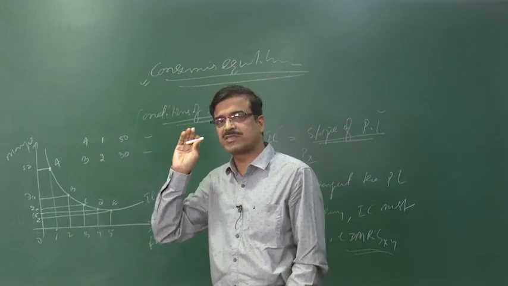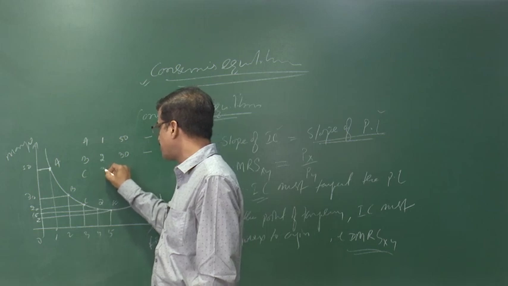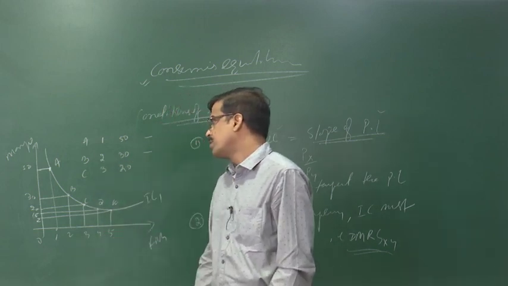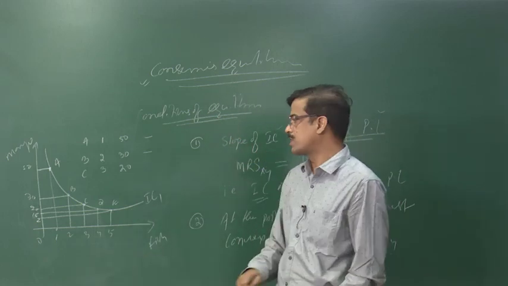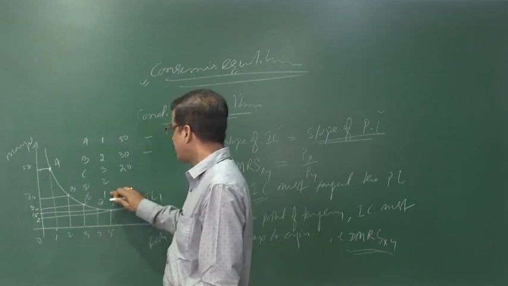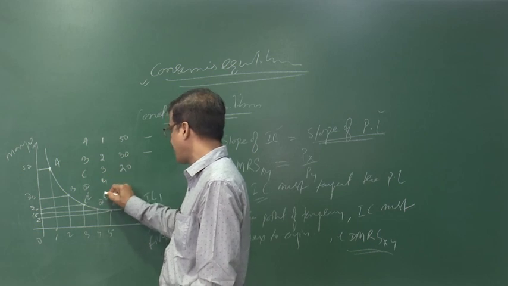It also provides the same satisfaction. At point C, we can purchase 3 units of fish and 20 units of mango, which also provides the same amount of satisfaction. At points D and E, it is 4 and 5, right.